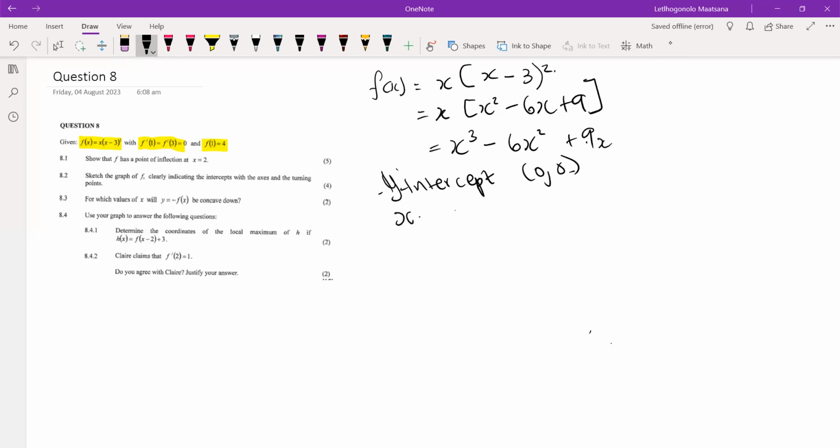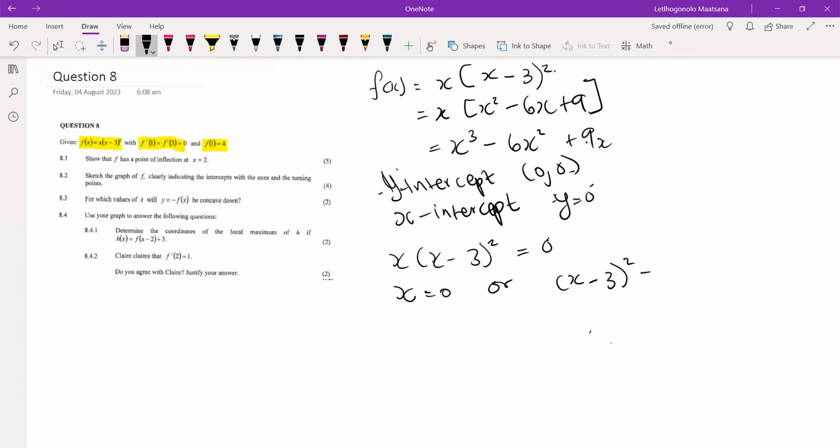So let's go to the x-intercept, where our y is equal to 0. Let's write it the other way around. So we have x times (x minus 3) squared is equal to 0. In order for this to be true, it's either x is equal to 0 or x minus 3 squared is equal to 0.